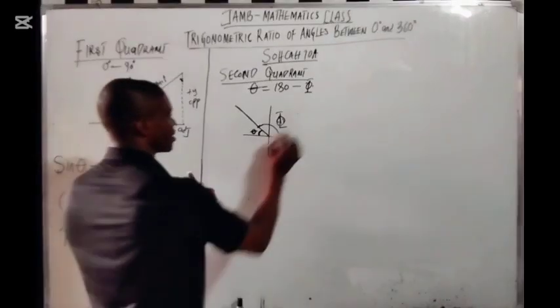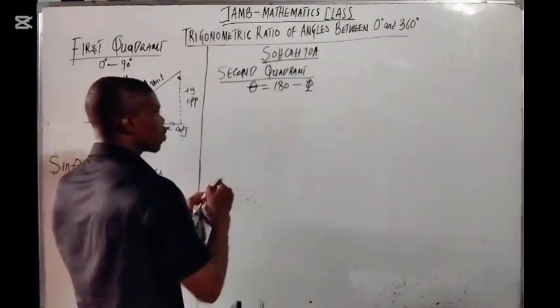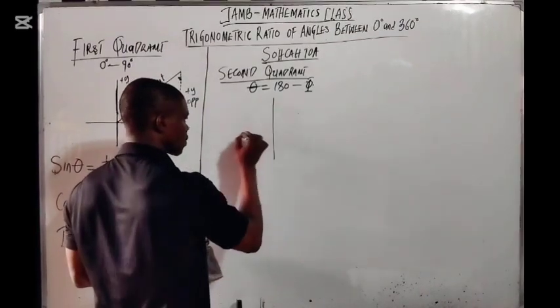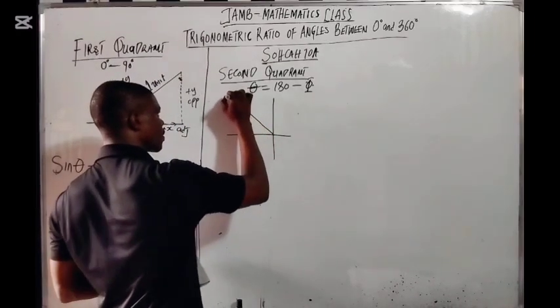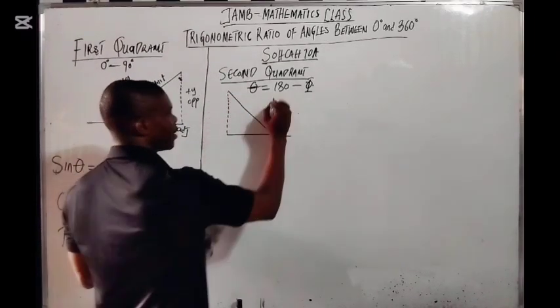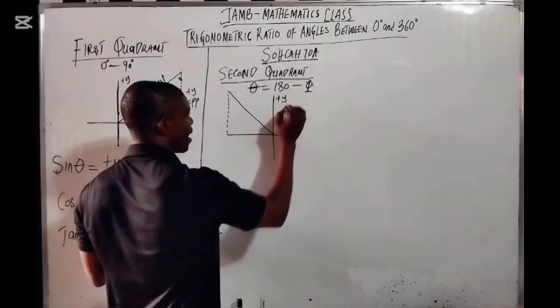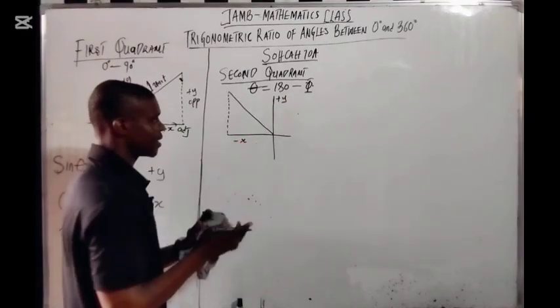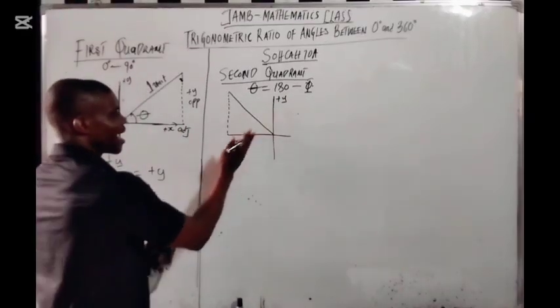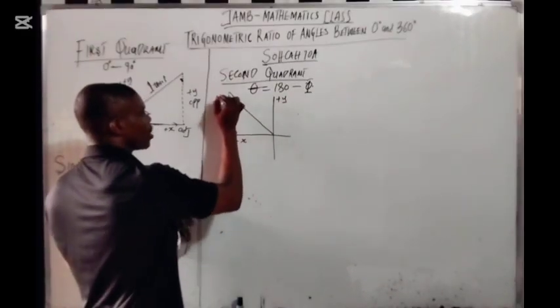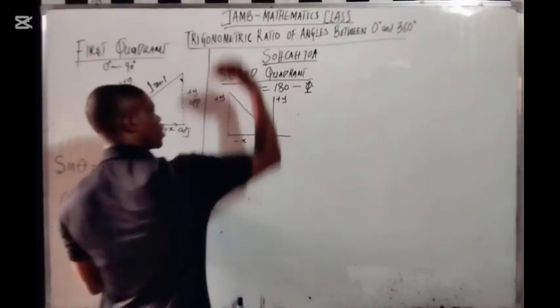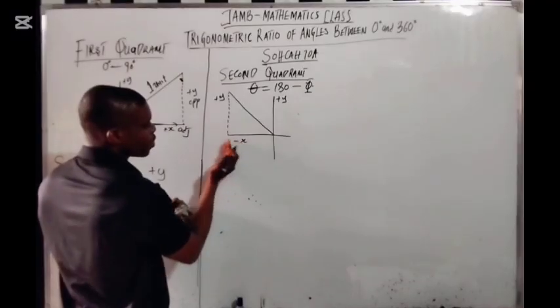Now we are looking at the second quadrant. Remember, here we have plus y and here we have minus x, right? So that means in the second quadrant my y is positive because it goes up, but my x is negative.